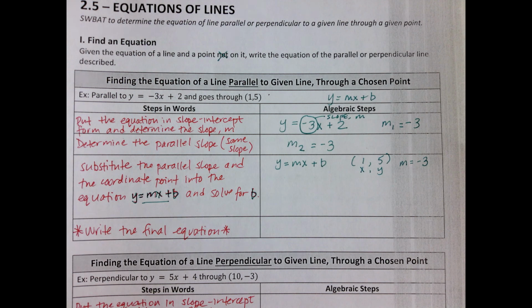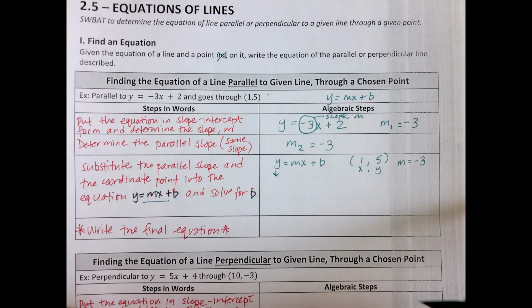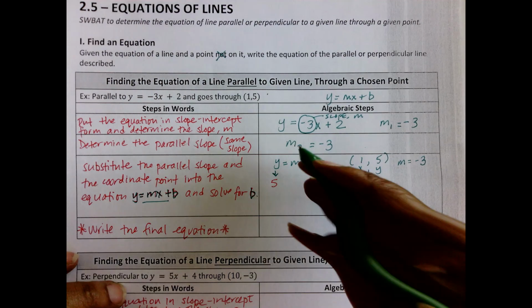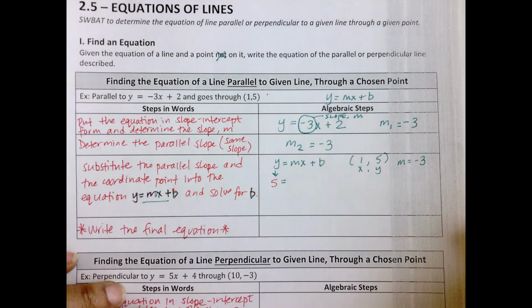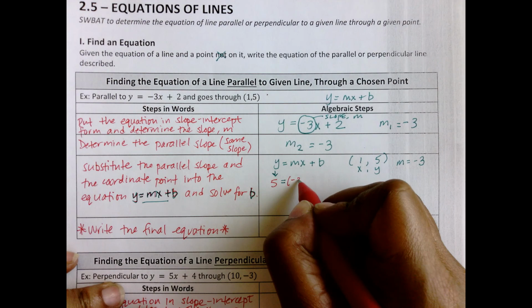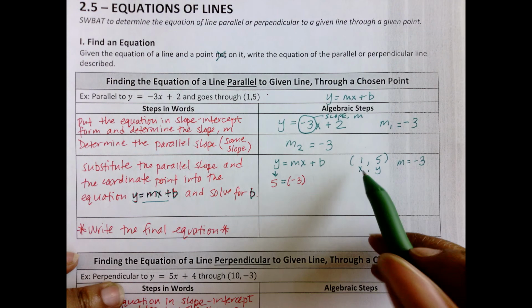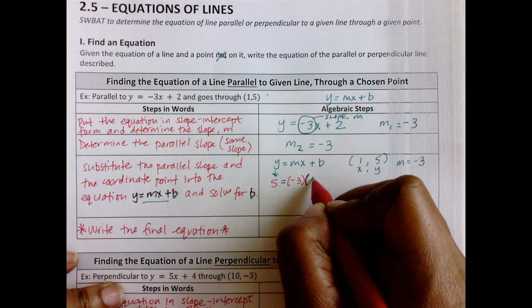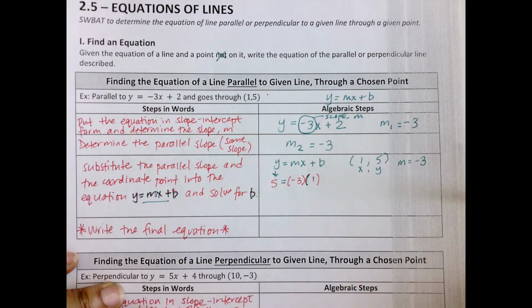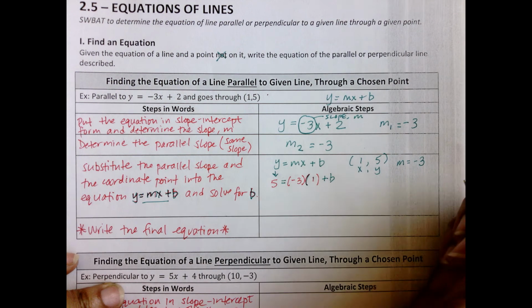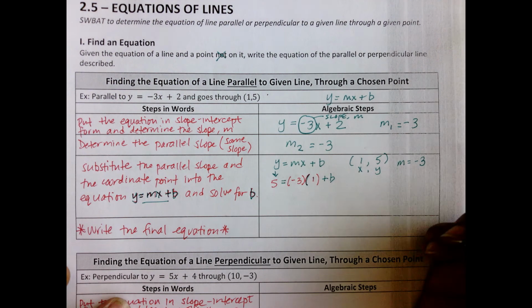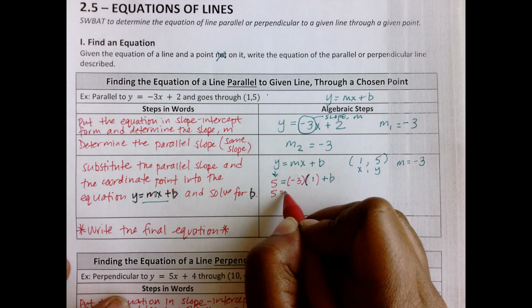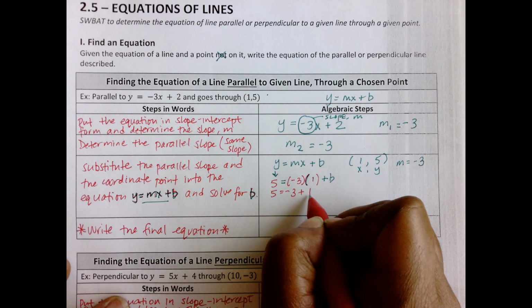My y is 5, my m is negative 3, my x is 1, and what I'm solving for is b. So I'm going to rewrite this as 5 equals negative 3 plus b.